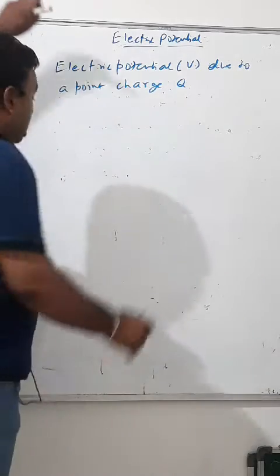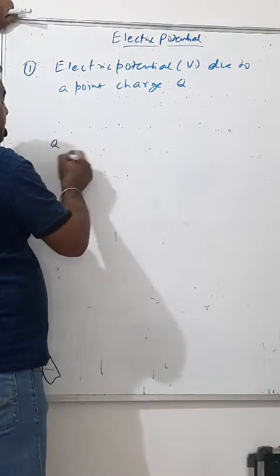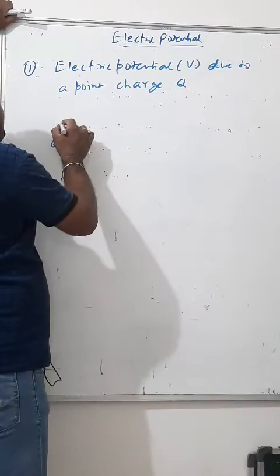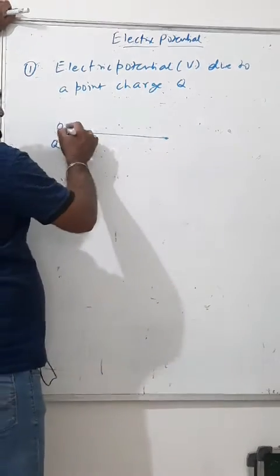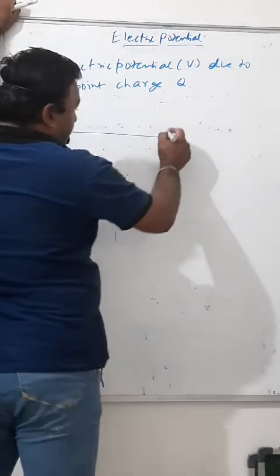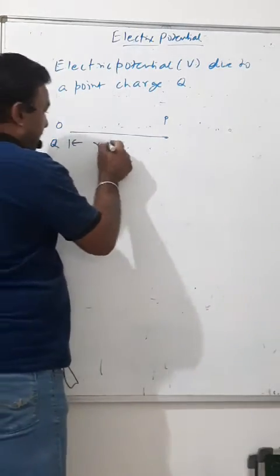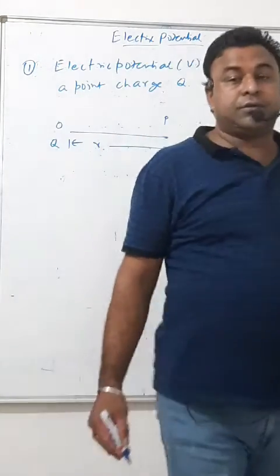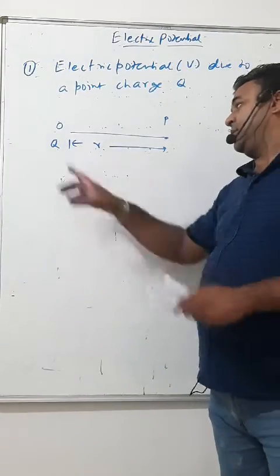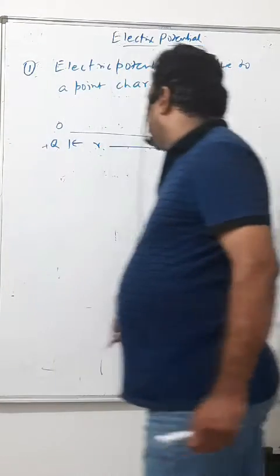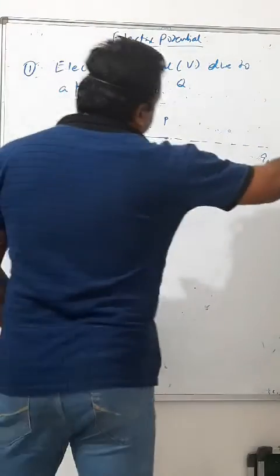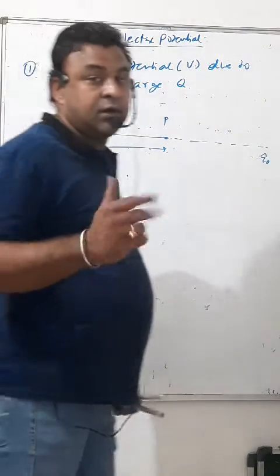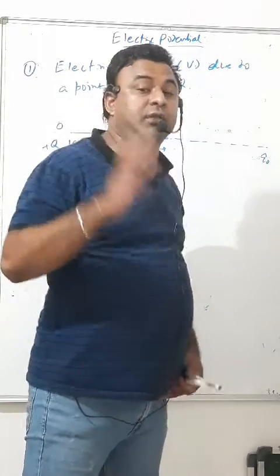Look, here is a capital Q charge placed at some position, say O. We want to find the electric potential at this point P, which is at distance r from it. This plus Q is fixed.